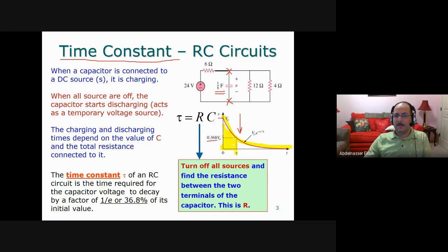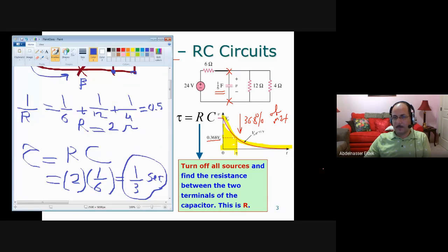You see this number here, it is 36.8% of the maximum. The voltage is 36.8% of the maximum when t equals tau.